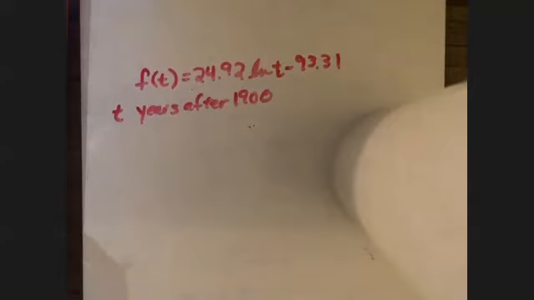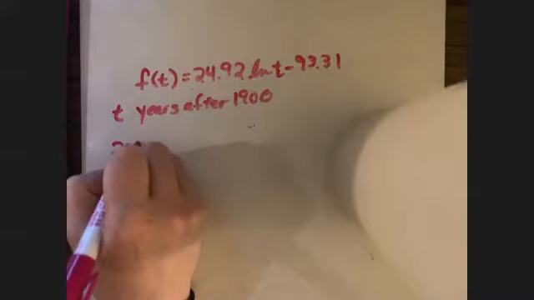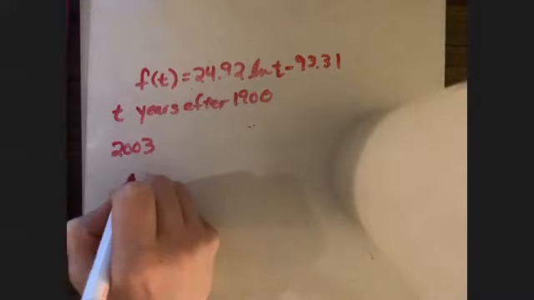And then F of T, or the Y value in this, is quads, and this is quadrillions of British thermal units. It asks approximately what amount of coal was consumed in 2003. So that would be just a straight plug in.